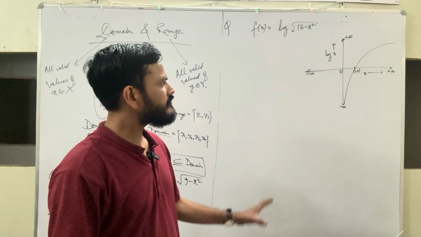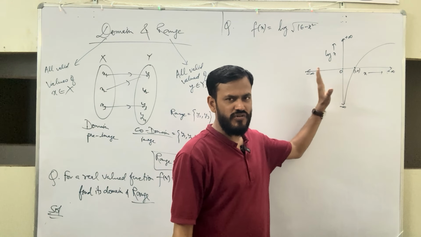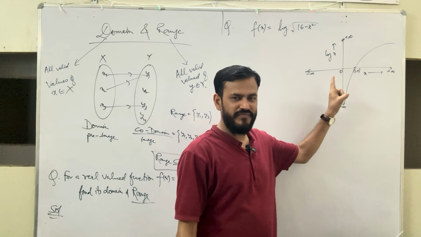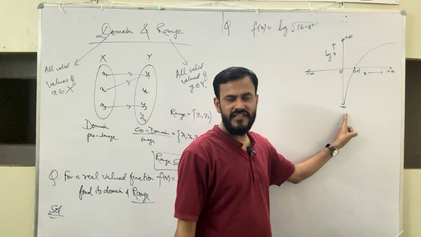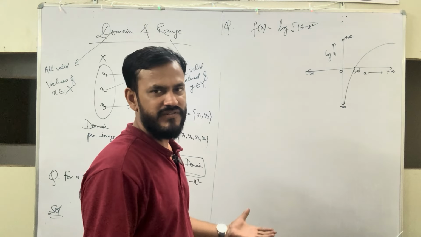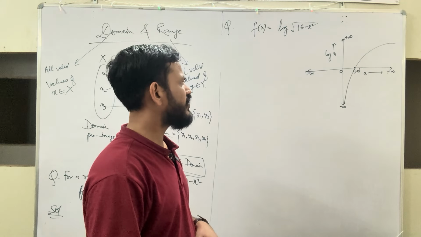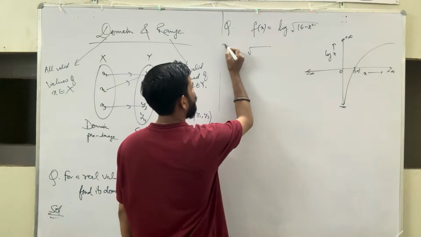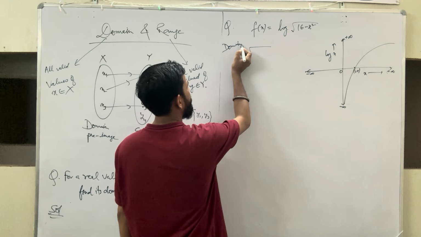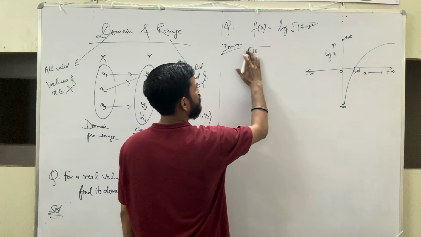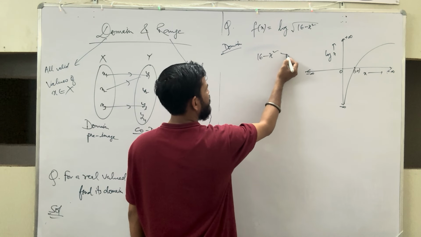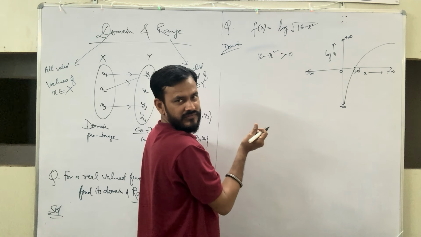So the argument of the log function should always be positive, excluding 0, because at 0 you get minus infinity, which is not defined. So for finding the domain, this square root should not be 0. So 16 minus x square should be greater than 0, not equal to. You understand?